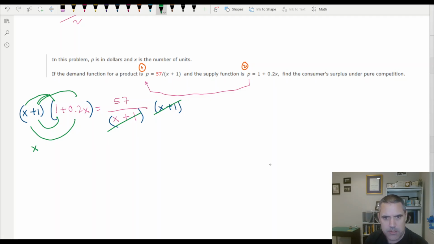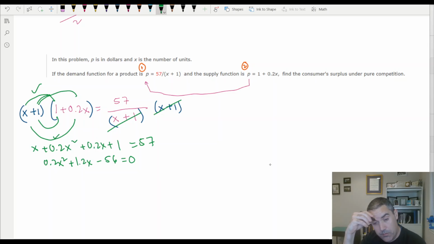So we get x, that's that eyebrow, plus 0.2x squared, there's the mouth, plus 0.2x plus 1 equals 57. So we get 0.2x squared plus 1.2x. Let's subtract. Minus 56 equals 0.